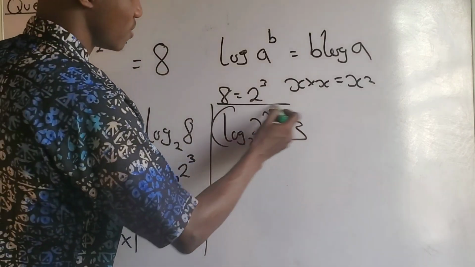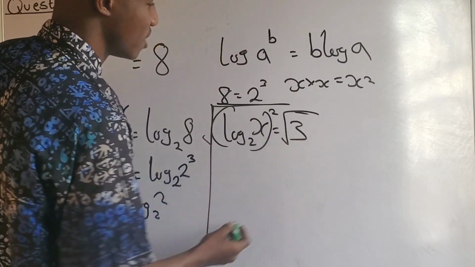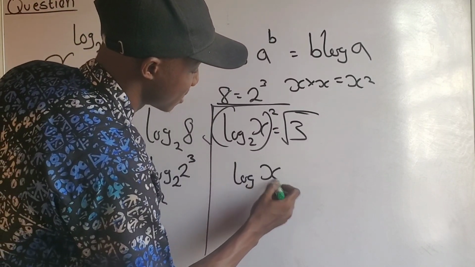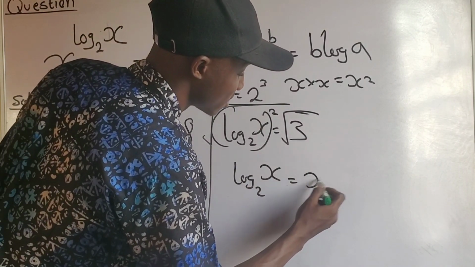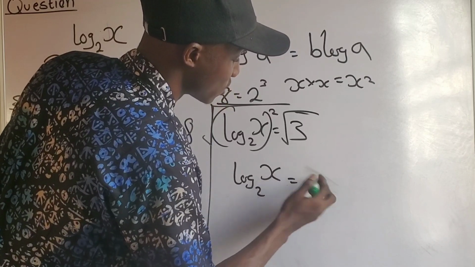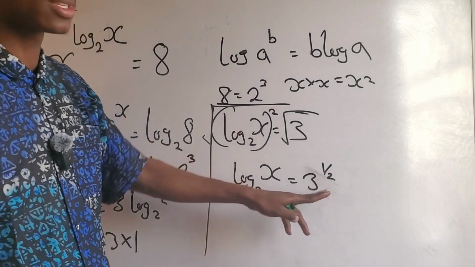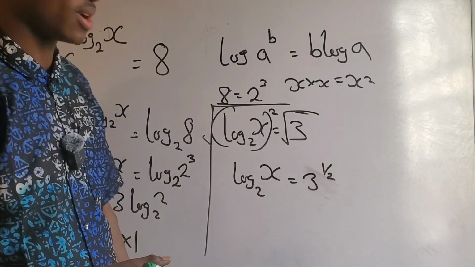So I'm going to have the square root of 3. So for this, I'm going to have log x base 2 equals 3 raised to the power of 1 over 2, because the square root of 3 simply means 3 raised to the power of half. Are you getting it?